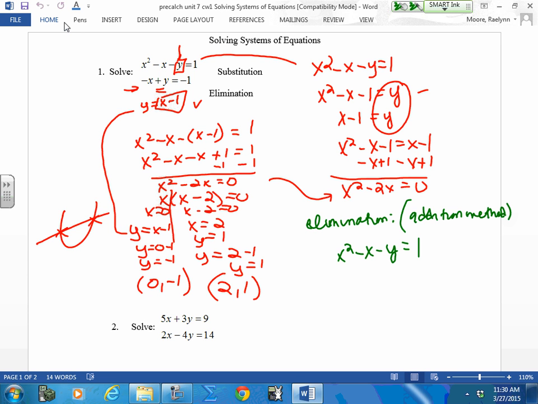Now, what do you notice with these 2 if I add them down together? Can I eliminate a variable? These 2. If I add this down, this comes down, this becomes minus 2x, my y is eliminated, and I'm equal to 0. Oops, I'm back to where I was. Factor, stop.